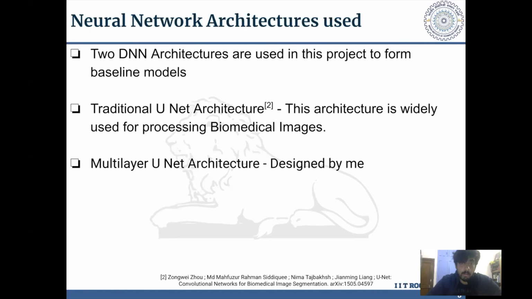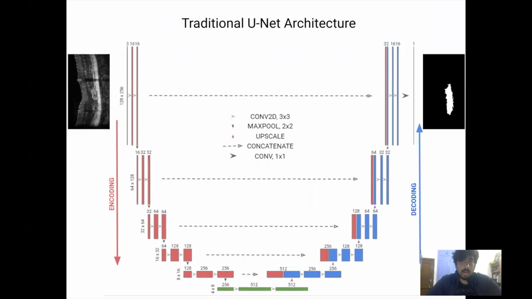If you want to read more about U-Net architecture, I have referenced the right paper for it, where you can read about it. Okay, so the traditional U-Net architecture that we used was specifically as shown in the depiction over in the slide.